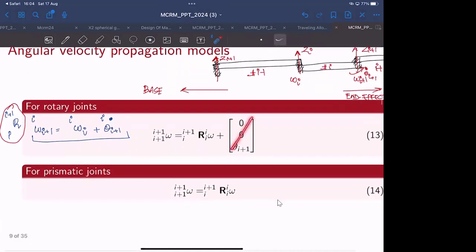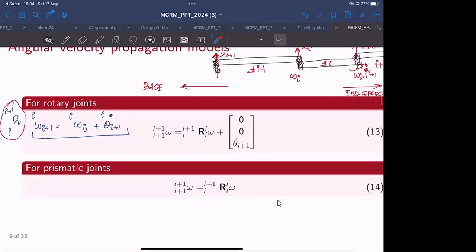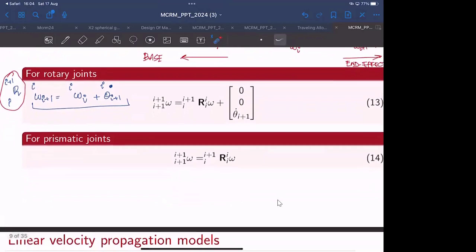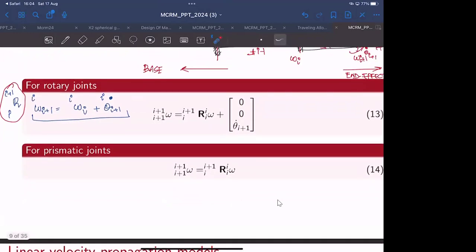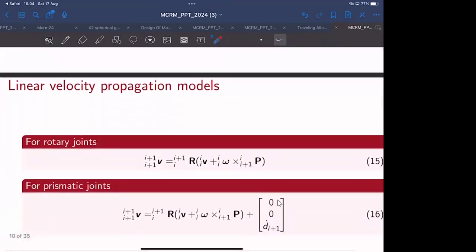So this term will vanish for a prismatic joint, and the remainder would be this term only. So I hope that is clear. This is how we propagate angular velocities for rotary joints and prismatic joints.